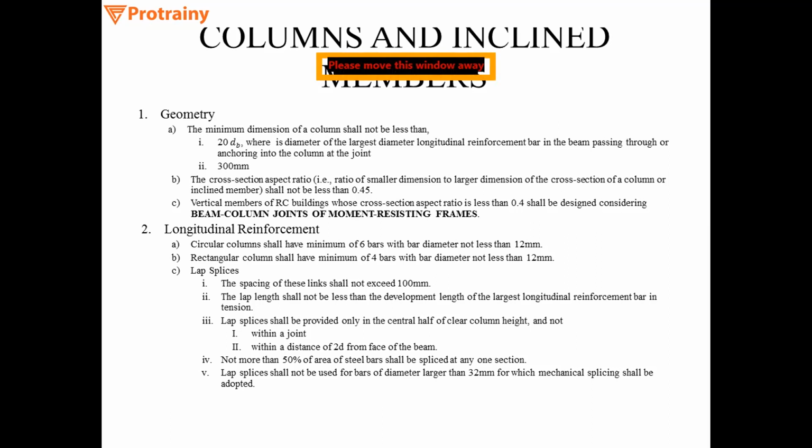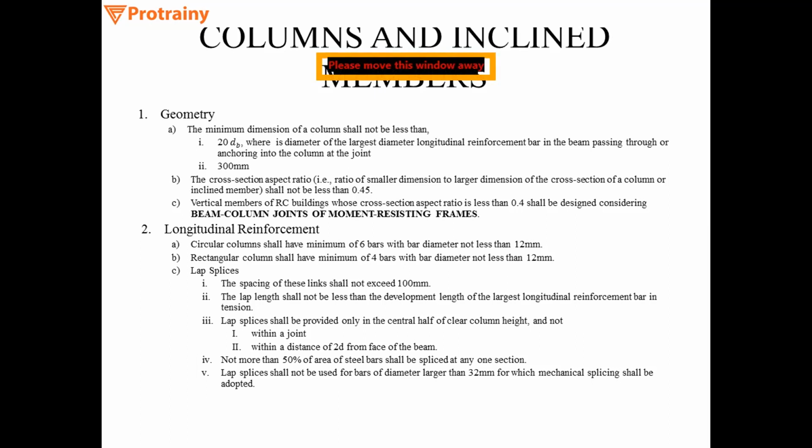Another point is the cross-section aspect ratio, where the aspect ratio is the ratio of the smaller dimension to the larger dimension of the cross section of a column or inclined member, and it should not be less than 0.45. If it is less than 0.45, then the member should be considered as a wall, not as a column.